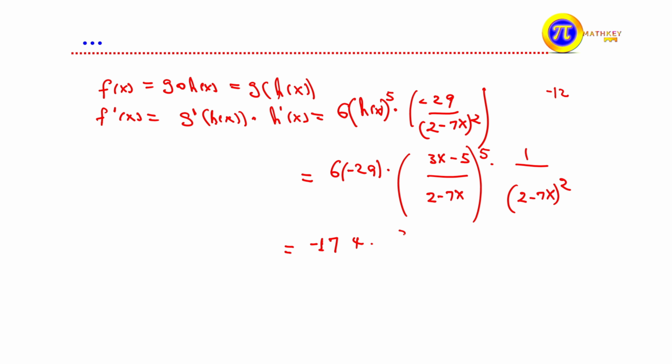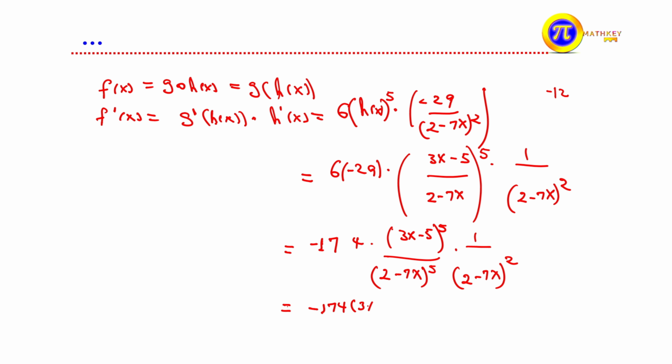This equals 3x minus 5 to the power of 5 divided by 2 minus 7x to the power of 5, times 1 over 2 minus 7x squared. Expressing this as one form, it equals negative 174 times 3x minus 5 to the power of 5, divided by 2 minus 7x to the power of 5 and 2 minus 7x to the power of 2.